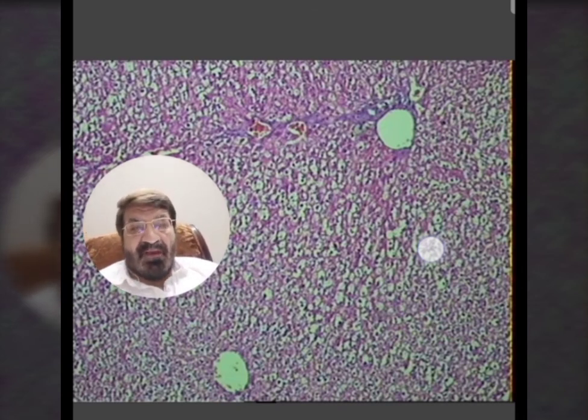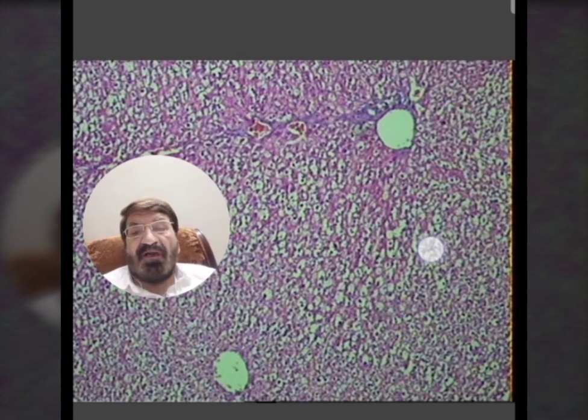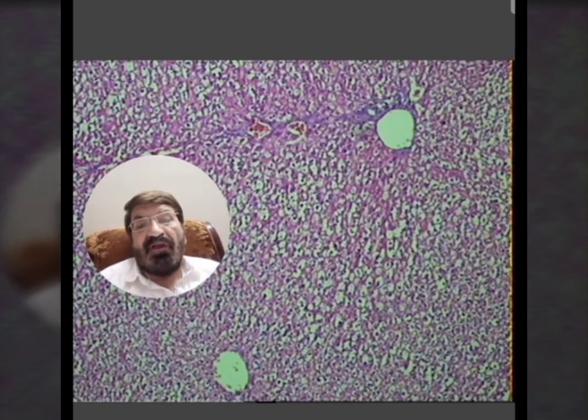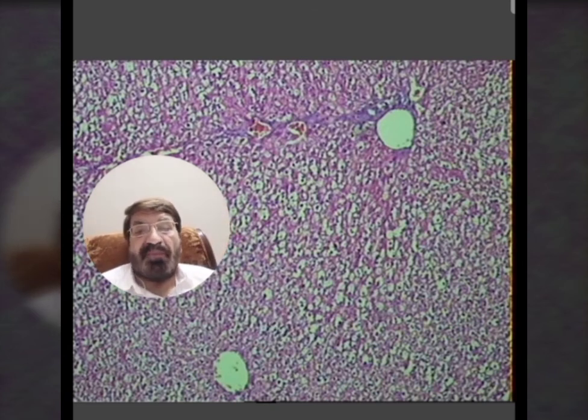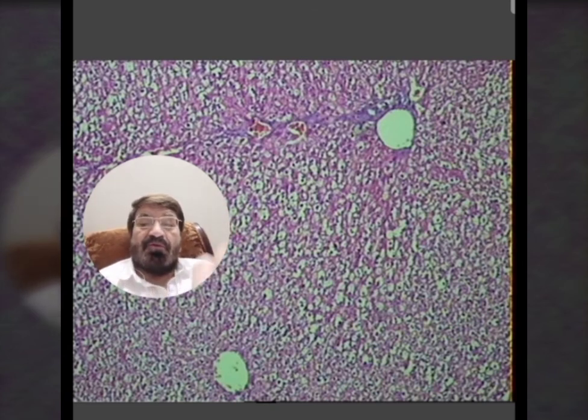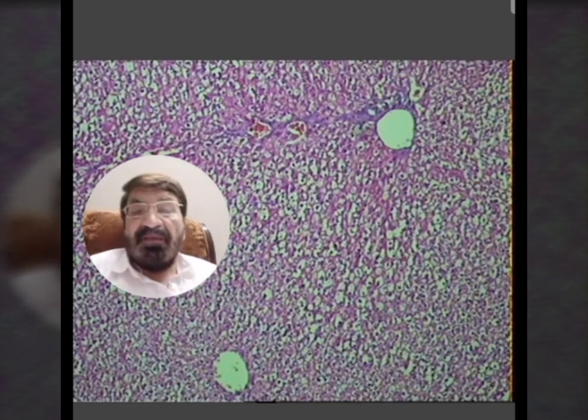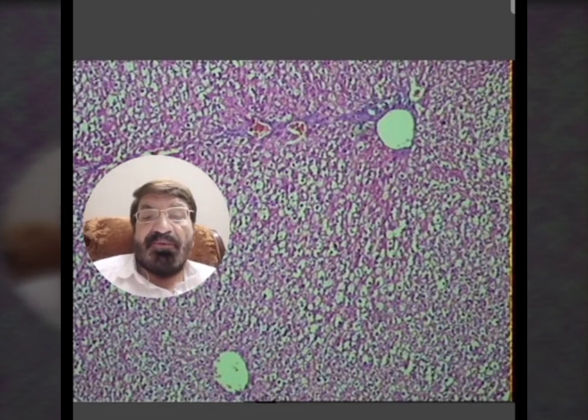So the hepatic lobules are roughly oval in outline, but in certain animals the lobules are typically hexagonal or pentagonal. So the identification of the liver is by the presence of these hepatic lobules.